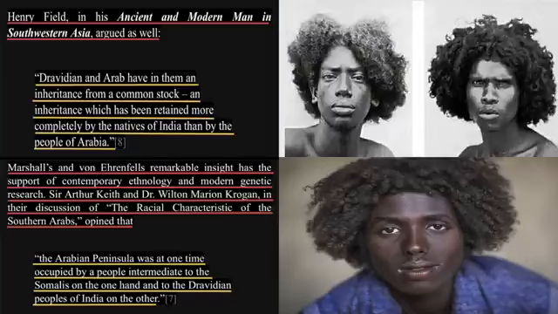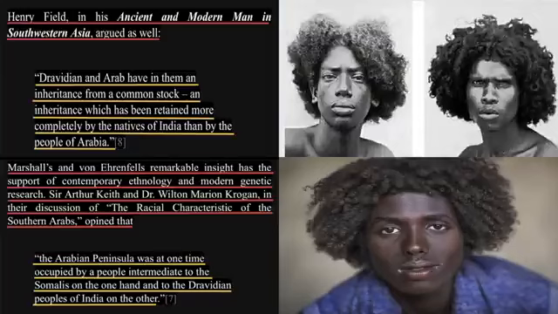Marshall and von Eickstedt's remarkable insight has the support of contemporary ethnology and modern genetic research.